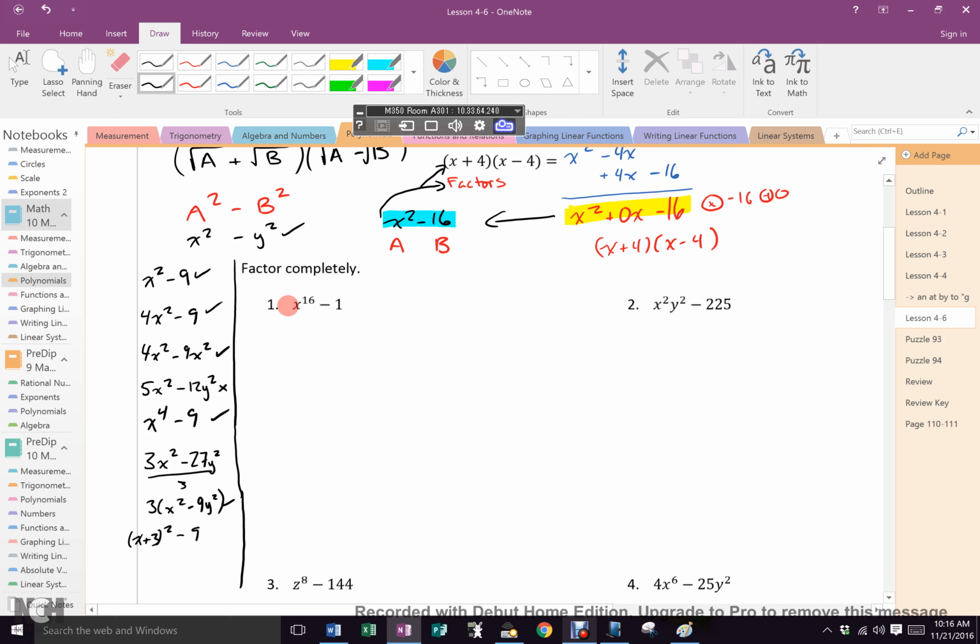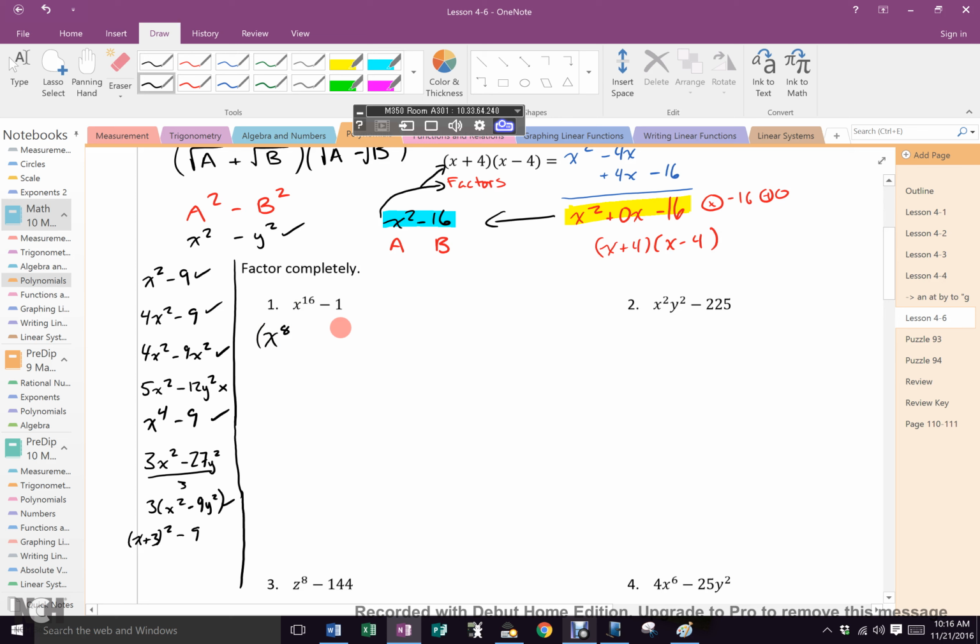All right, so let's do this a bit. Does this one work? Yes or no? Why? What is the square root of the first one? 4. Square root of x to the 16th? 8, right?